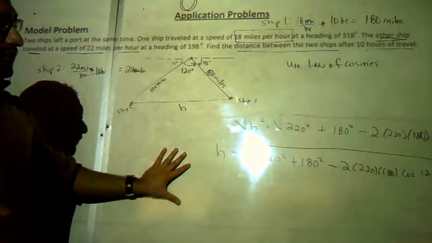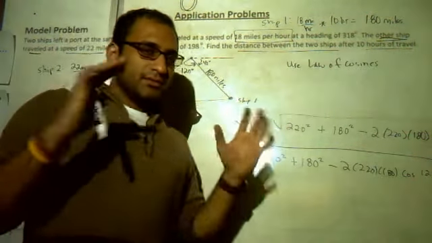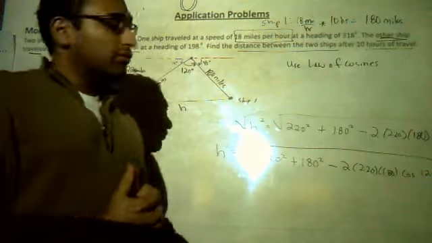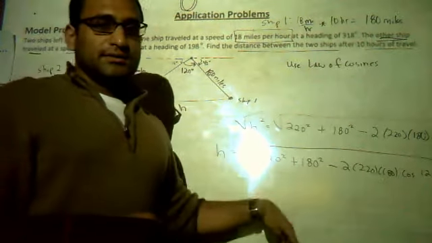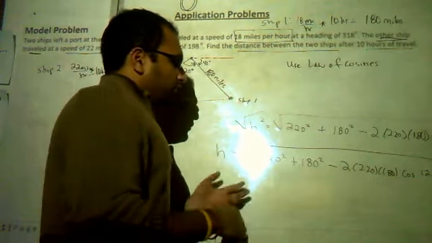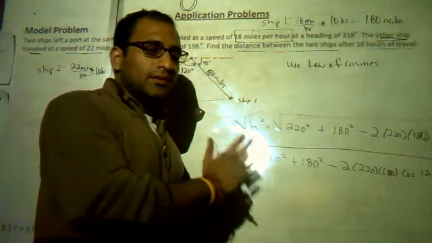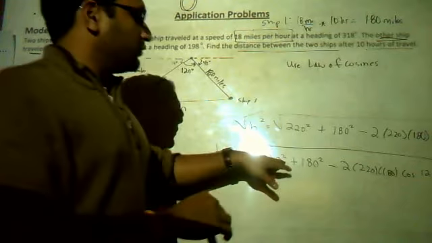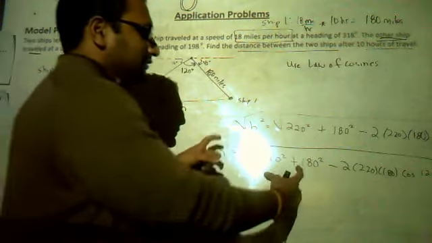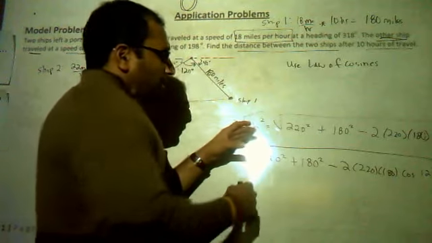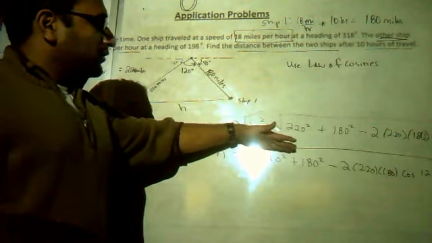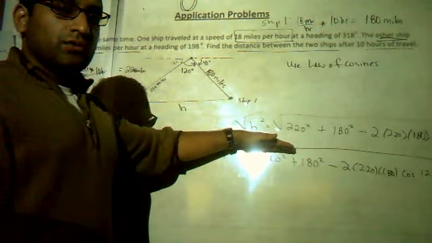This is what I want you to make sure that you don't do. Do not cancel the square and the square root just because that looks fancy. No, you cannot cancel the square and the square root because this is not a single term underneath the square root. My advice is go ahead and evaluate everything that's under the square root first.